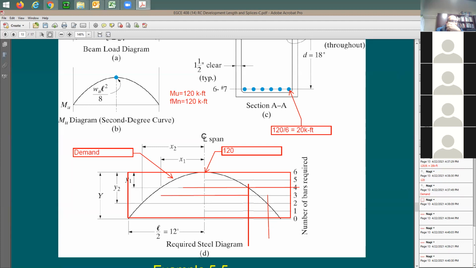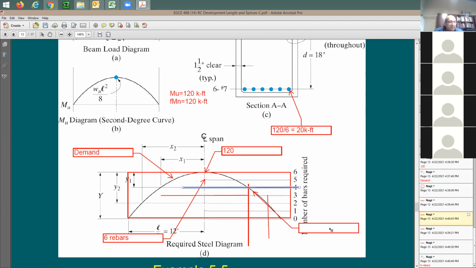I'm gonna say at this section, I need 6 rebars, right in the middle. How about at this point here, coming down? You can say at this point coming down, I will need 4 rebars. How about this point here coming down? I'm gonna say here, I need 2 rebars.